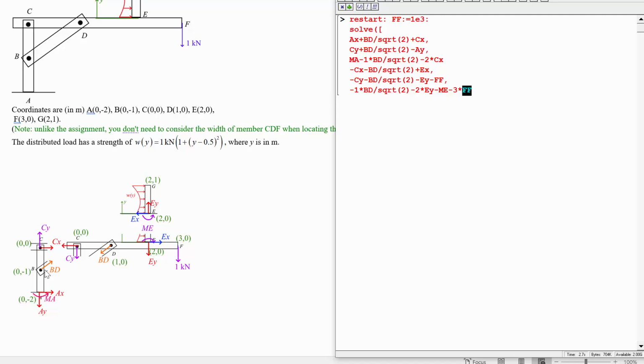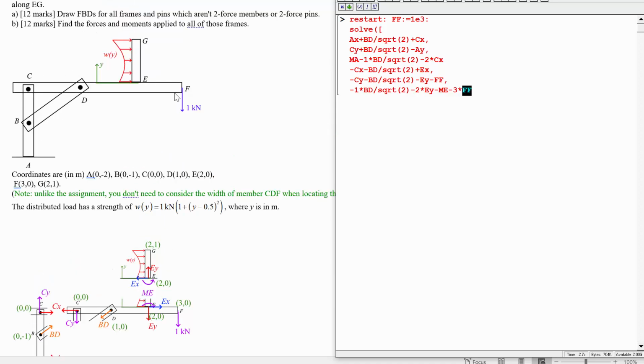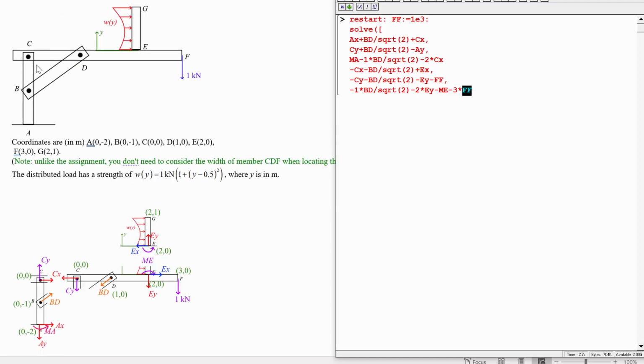And that means that this is not in tension. It hasn't been pulled apart. It's in compression. And that makes complete sense, right? Look at this. We're pushing this there. We're pulling that down there. This has got to be in compression. So BD is going to be probably quite large to counteract the rest of the stuff that's going on and compressive, pushing back out. Okay, let's write the last equation here.